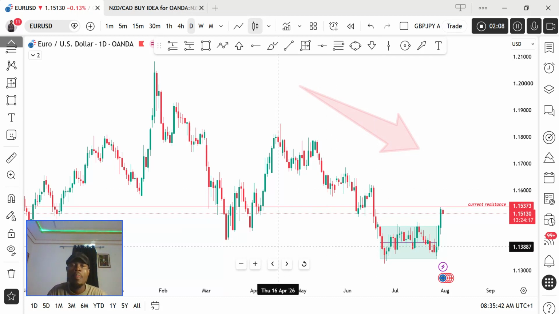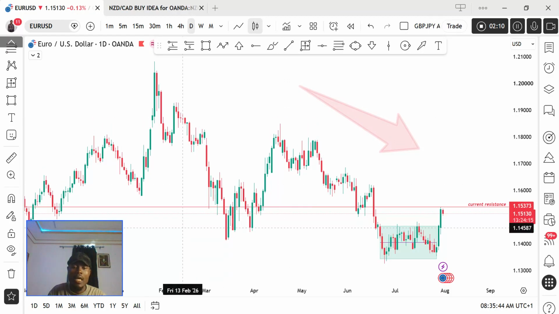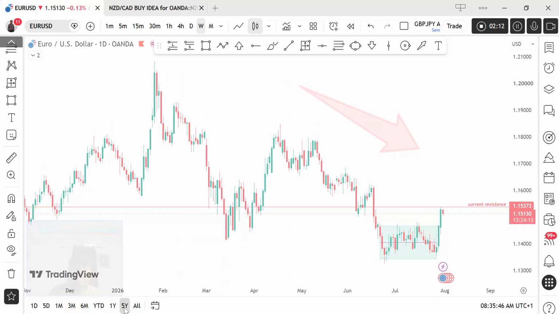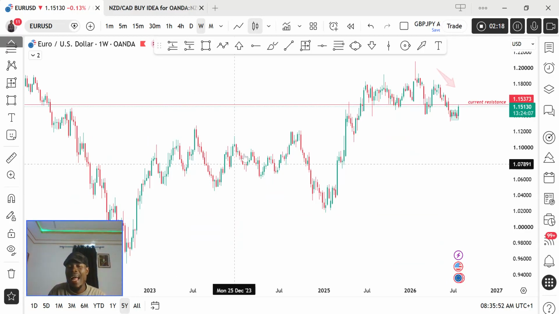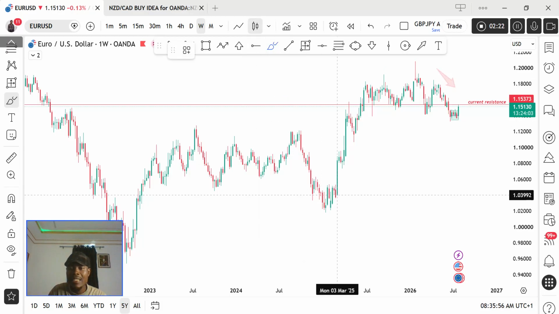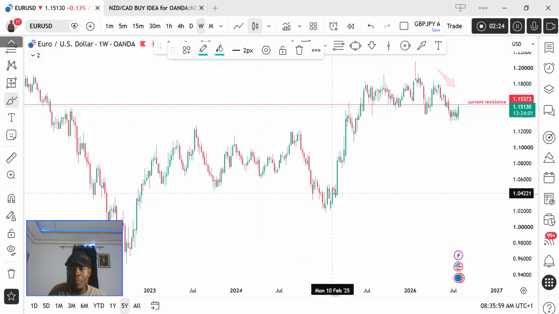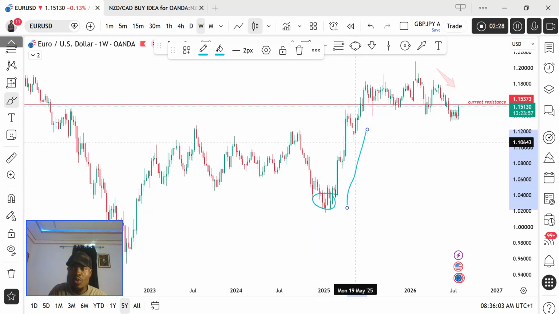With that being said, I would like to look at the 5 years data, which is the weekly time frame. Now, when we look at the weekly time frame here, we can identify something. We can see that price has dramatically moved from 1.04, which is from here. We've seen a very strong and massive surge to the upside to this current price where it is trading right now.